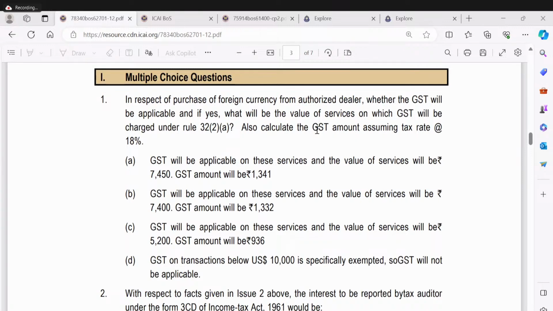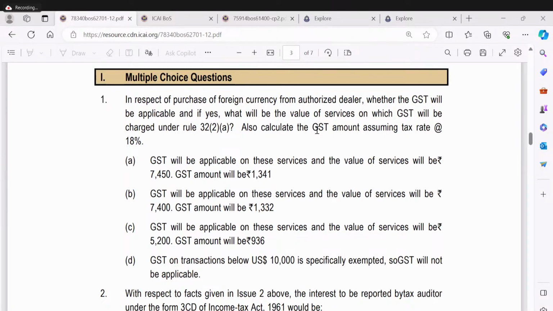Now, this is very clear that the information which was given to us regarding purchase of foreign currency for the foreign travel of the employees, with regard to this information, we have to compute the value of supply of said service of purchase of foreign currency as well as the GST which is payable on the same.